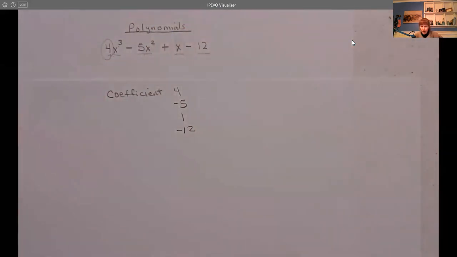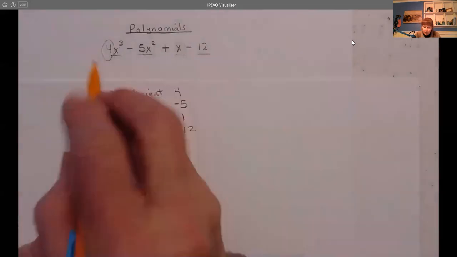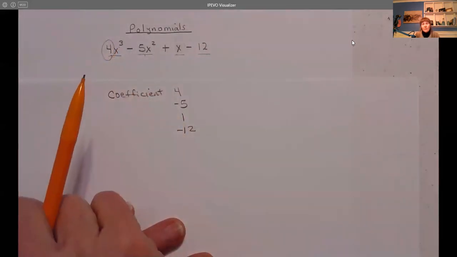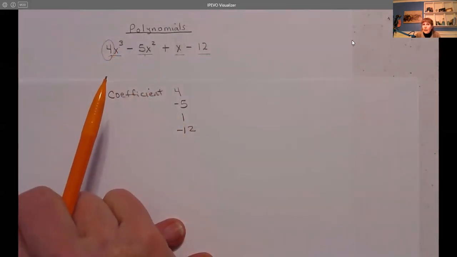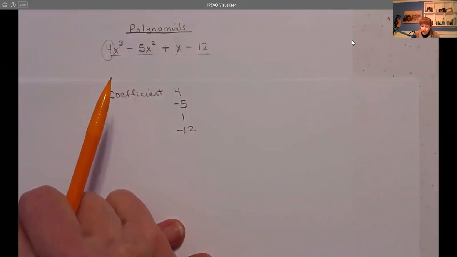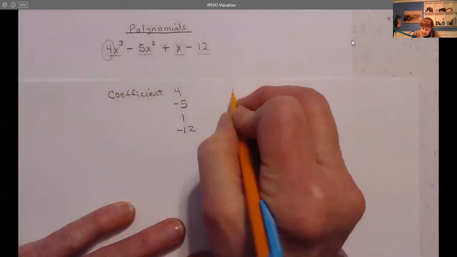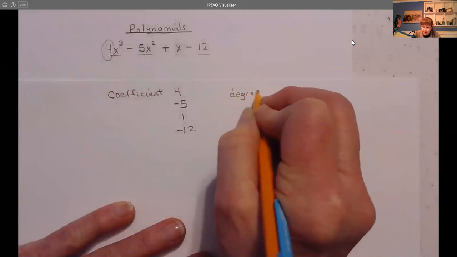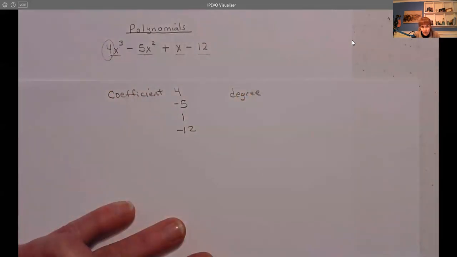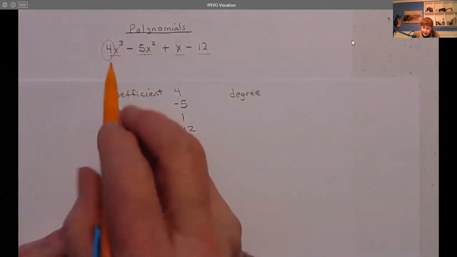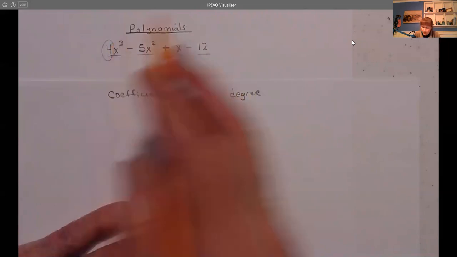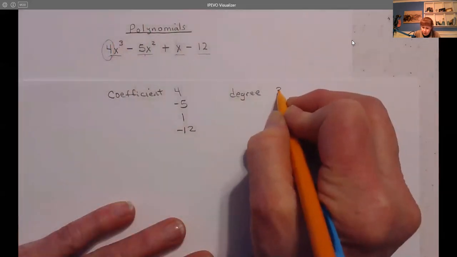All right. Now, this power here, the degree, sometimes they want to know what's the degree of the polynomial. The degree of the polynomial is the highest power of your polynomial. And in this case, it's a 3. All right, so our degree is 3.